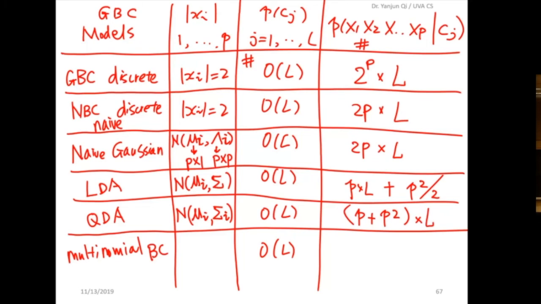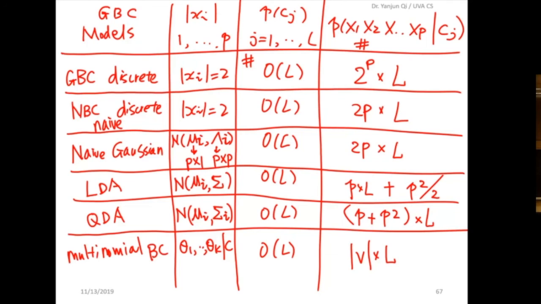All right, and now the last one we do today, which is the multinomial Bayes classifier, which we write as theta 1 to theta k, conditioned on the specific C. The number of parameters we need to estimate is the vocabulary size V, times L. And if you look at the naive case, in fact, this 2 I put there should be replaced by V, right?